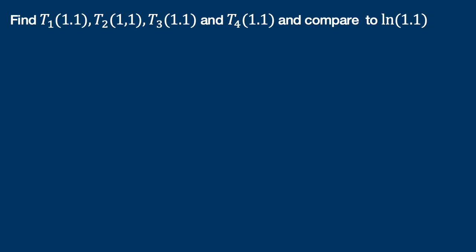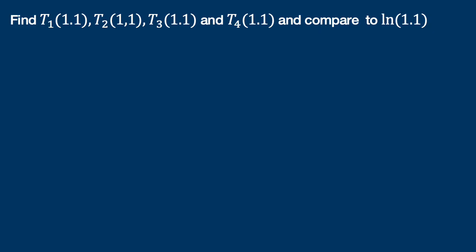We found Taylor polynomials with degree 1, 2, 3, 4 for the function ln x. So how are we going to use a Taylor polynomial? We're going to use a Taylor polynomial to approximate ln values. So here is an example, guys. We want to approximate ln 1.1. So we're going to use Taylor polynomials to estimate the ln function.